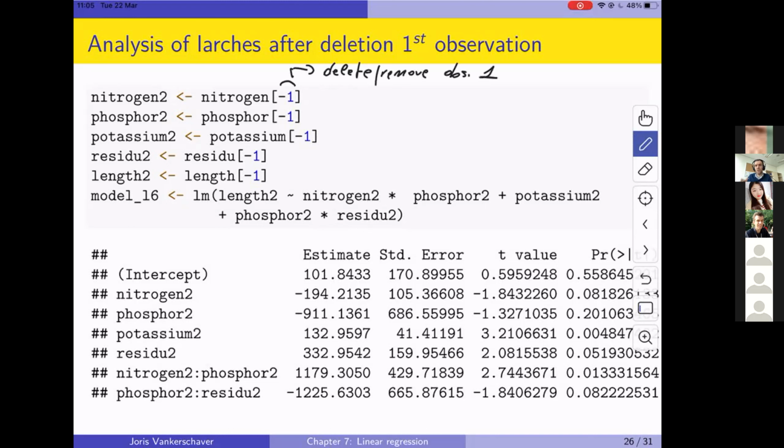So we take our original data vectors and remove the first entry from each of them, and we refit our model. If we go look at our interaction term, the one that we thought was going to change by quite a lot, then yes, it has changed. It has become something in the order of what we expected it to be, -1227. It is actually -1225, but quite close.